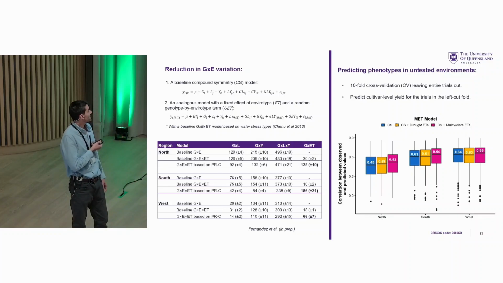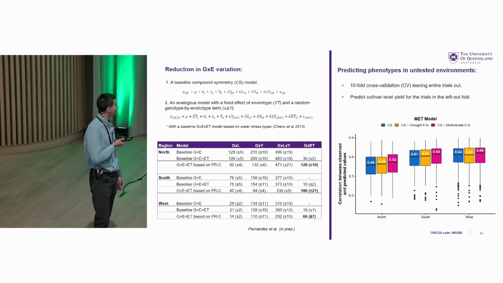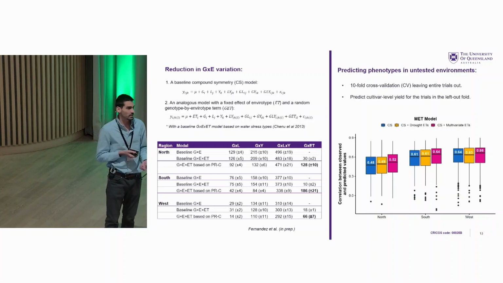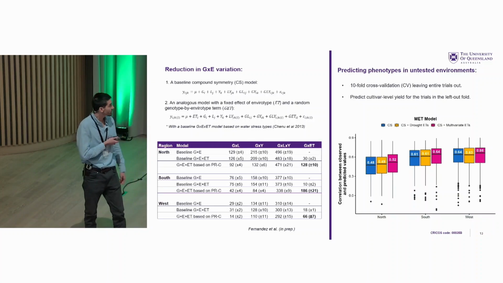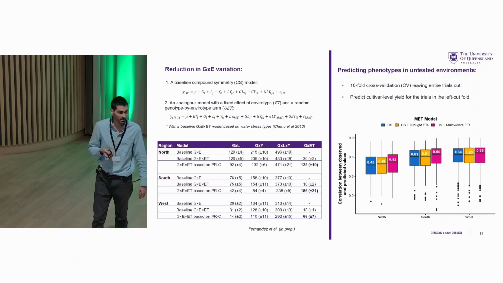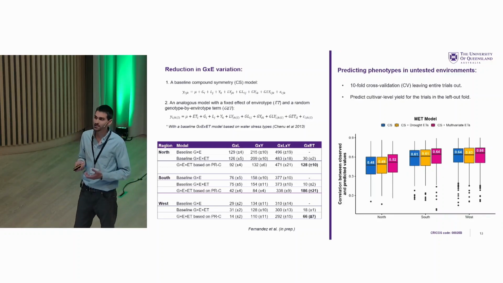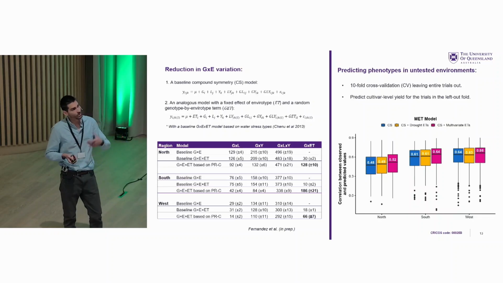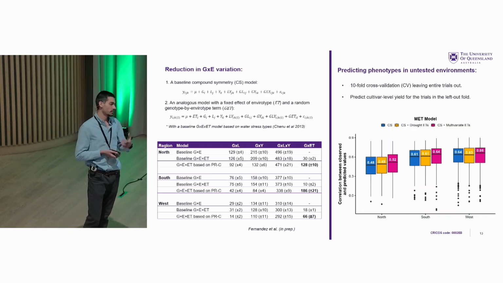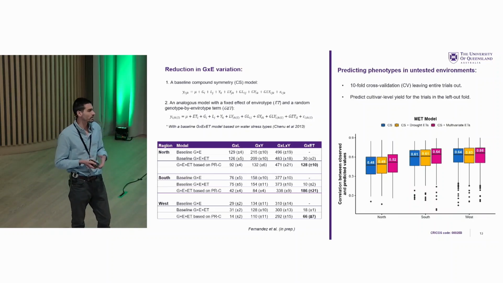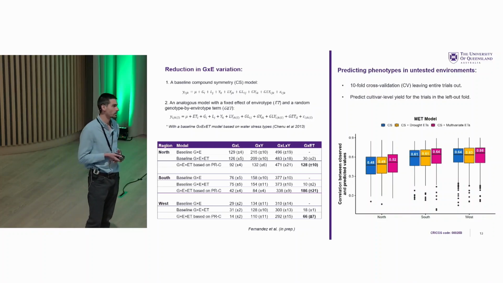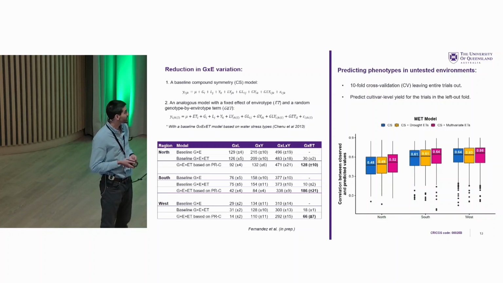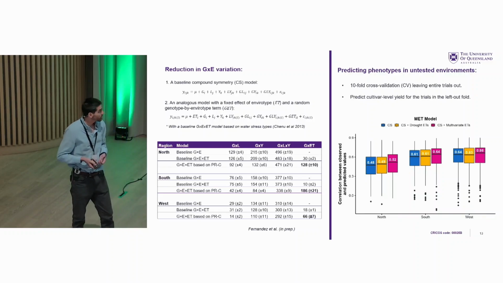The values you see here approximate, on average, about 20% of the G/E. So the reduction in the G/E was on average about 20%, which you might think is not a huge amount of the G/E that we are explaining, but when you compare that to the reference water stress type, we're actually improving. We're going from 5% being explained by the water stress type to 20%, which is quite considerable.